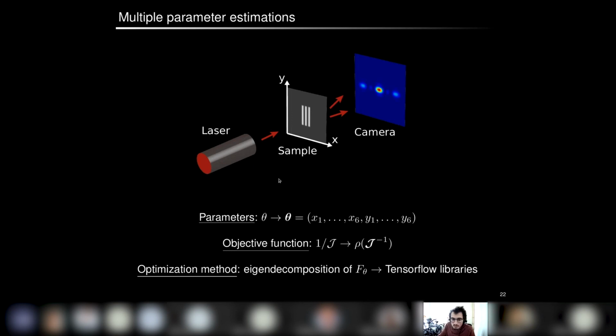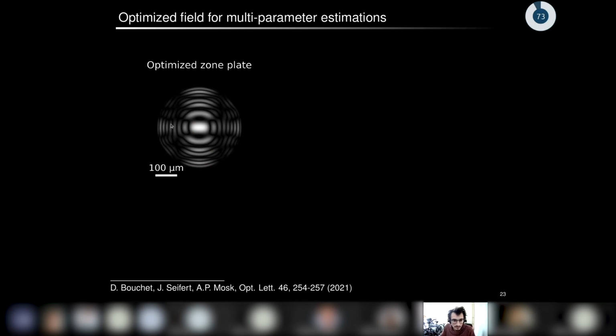We could ask, for instance, what are the optimal positions of Gaussian beams that I should use in order to minimize the interaction with the sample and maximize the precision that I can have on the estimation of all parameters together. Or another question would be, which zone plate do I need to use in front of my laser in order to make the optimal estimations? This last question is the one I'm showing here to you.